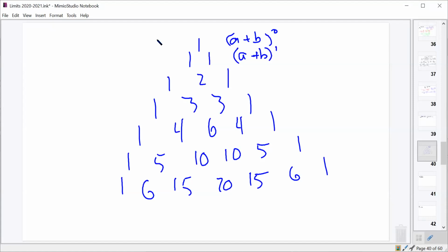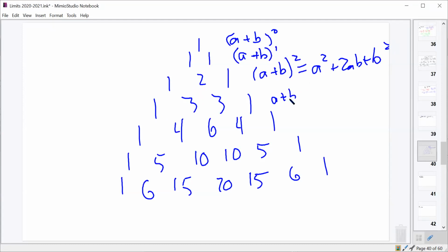And what about this next one? If we did a plus b to the 2nd power, that's a squared plus 2ab plus b squared, right? What are the coefficients? They're 1, 2, and 1. And guess what the coefficients are if you're doing a plus b to the 3rd power? They're 1, 3, 3, and 1, right?